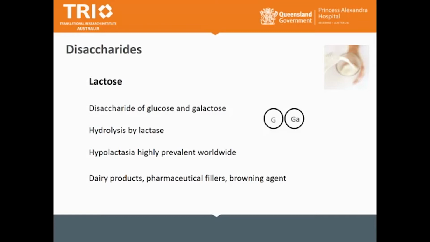But certainly hypolactasia is prevalent worldwide, particularly in Asian and African populations, and as we age, our lactase activity does go down as well. As I said, lactose is present in dairy products, but it's also often used as a filler in drugs, and it's also used as an additive in products, for example, as a browning agent in breads.